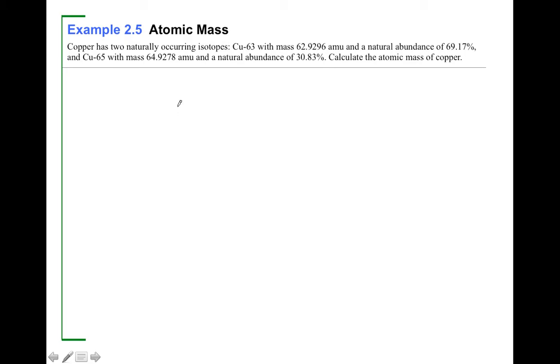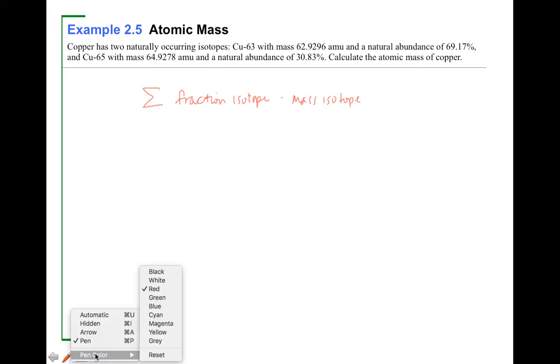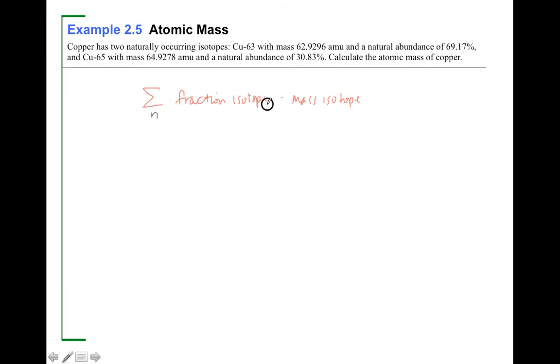And let me remind you that the formula of this equation is the sum of the fraction of the isotope times the mass of the isotope. Let's say we're going to sum this over n, the fraction of isotope n times the mass of isotope n.